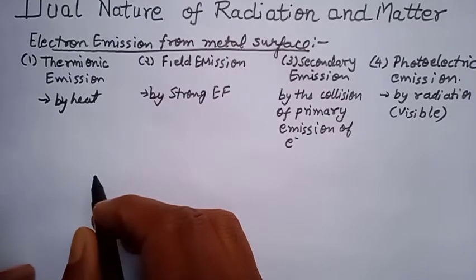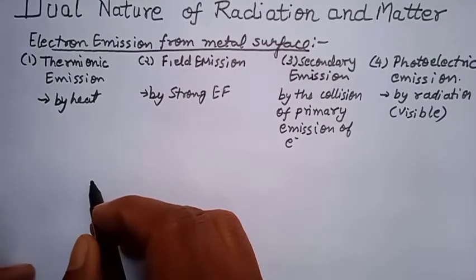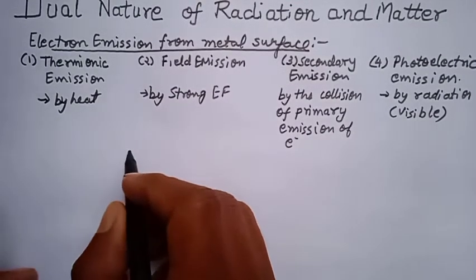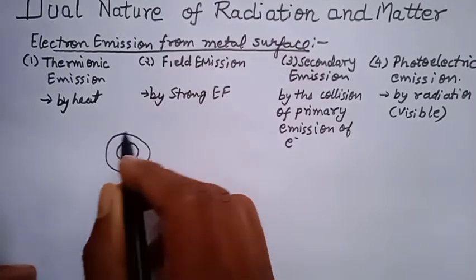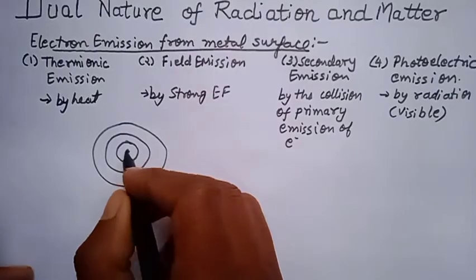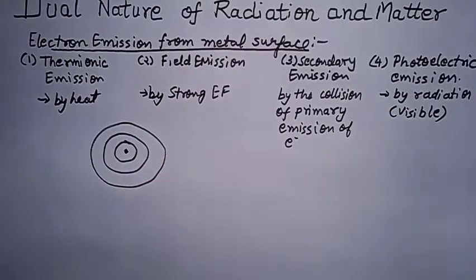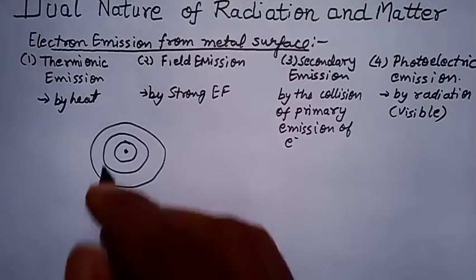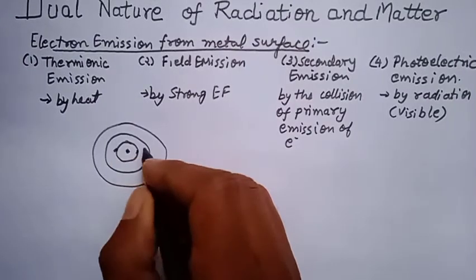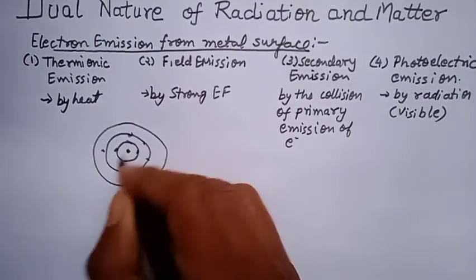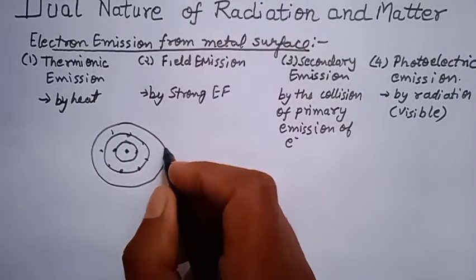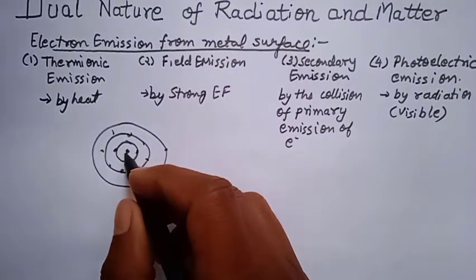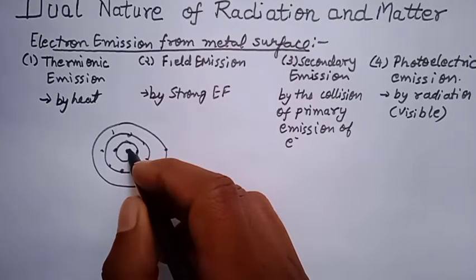We know that a metal surface consists of a number of atoms. So it will be an atom, and we know that the nucleus is tightly held with strong nuclear forces, and electrons orbit that atom. The outermost electrons are less tightly bound than the innermost energy levels.